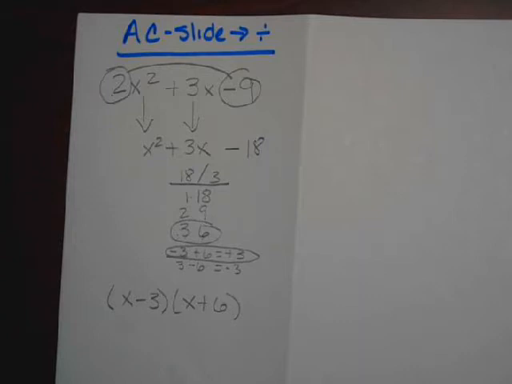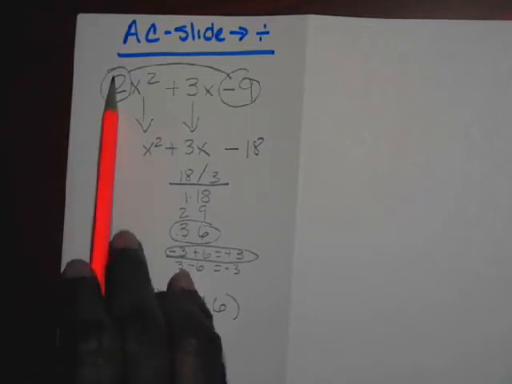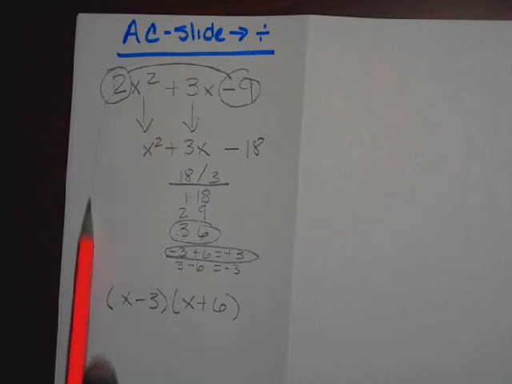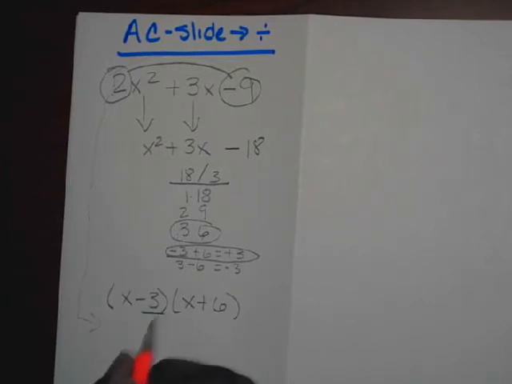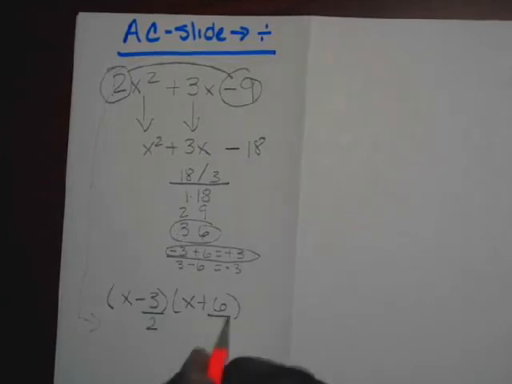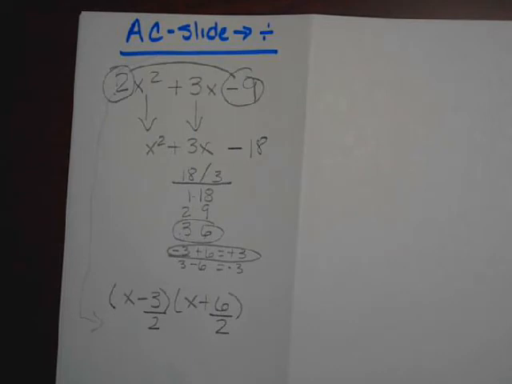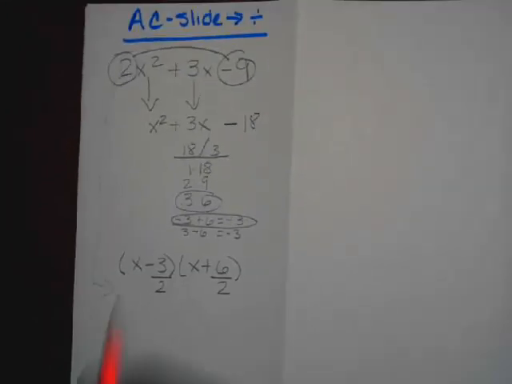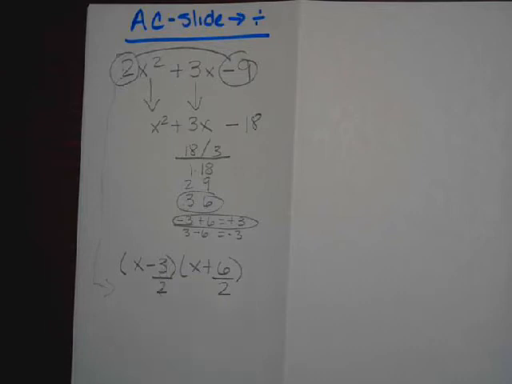Now, the divide part, this right here, we did a times c. Now we're going to slide the number 2, the first term, down here. All right, so we're going to divide by 2 and divide by 2. And then we're going to simplify our fractions. Well, heck, that won't simplify.